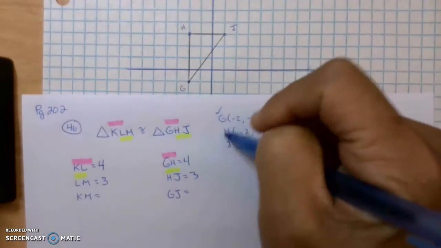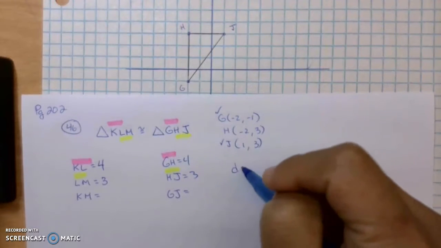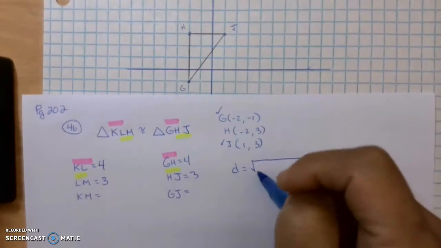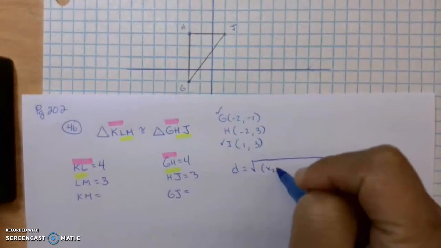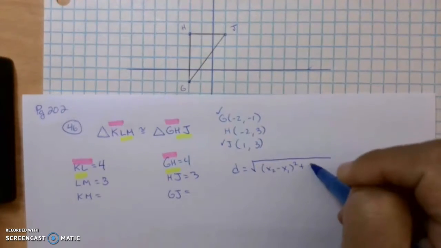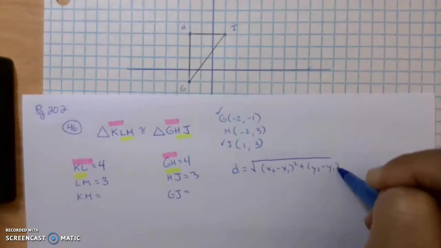So if I just take this point and this point and use the distance formula, where I subtract the x's, square it, plus subtract the y's and square it.